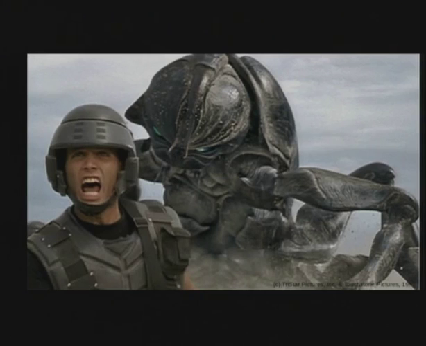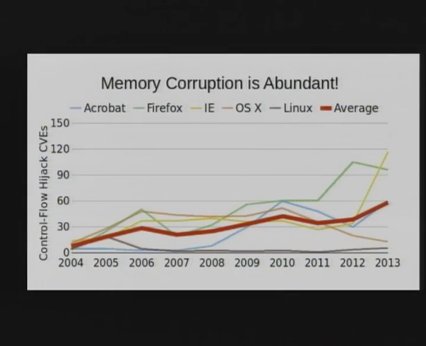Also, we are focusing on memory corruption, and memory corruption is abundant. It's everywhere. If we just look at the last couple of years and we look at the security vulnerabilities that were published as CVEs, just in the area of control flow hijack attacks, we see that there's a huge amount of these vulnerabilities that allow attackers to actually completely control your software and your computer.